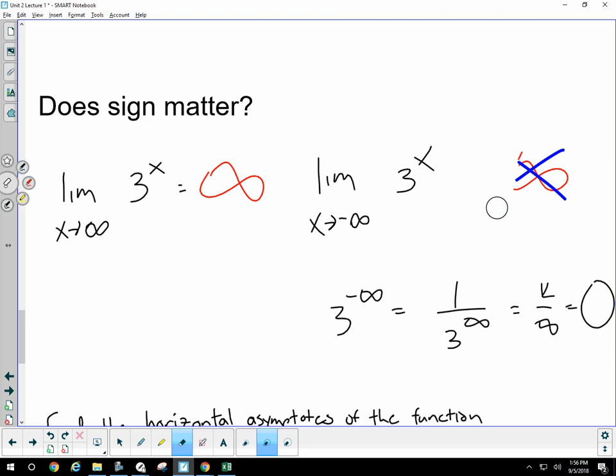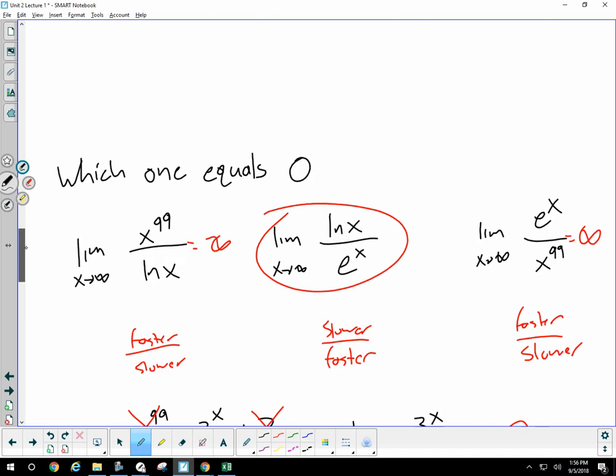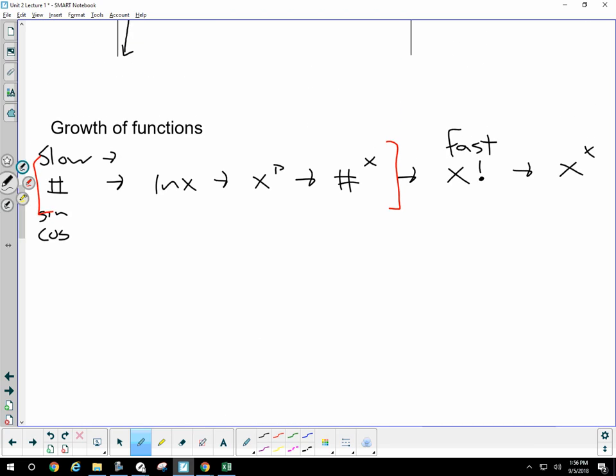So that causes problems, because if we look at our growth of functions, we say that's the fastest, but this is only as x is approaching infinity.